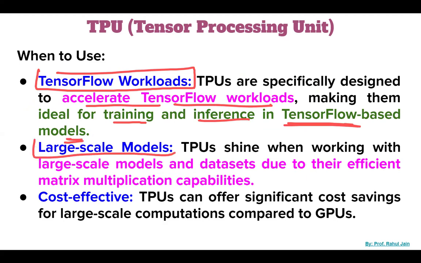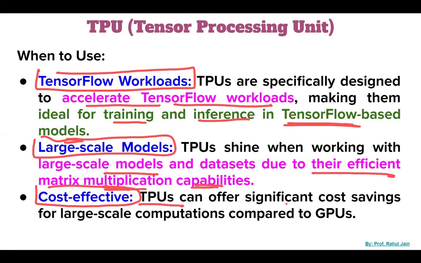As well as if we are working on large scale models, then TPUs shine because when working with large scale models and data sets, due to their efficient matrix multiplication capabilities. As well as if we are looking for cost effectiveness, then TPUs can offer significant cost savings for large scale computations compared to graphical processor units. So these are the cases when we can go for TPUs.